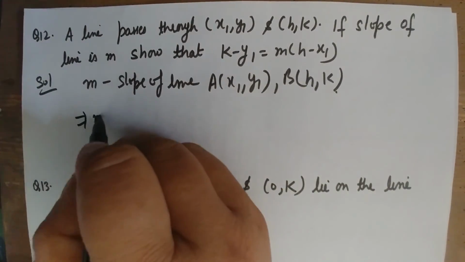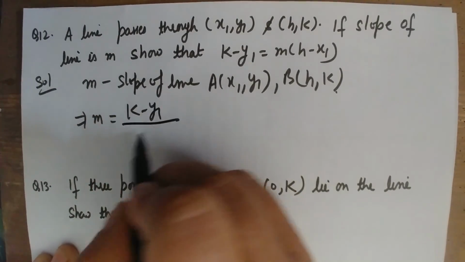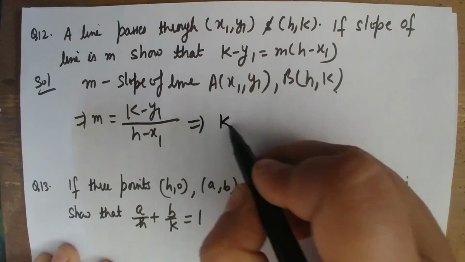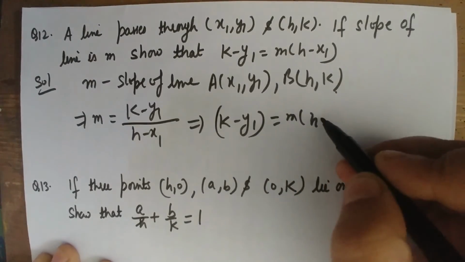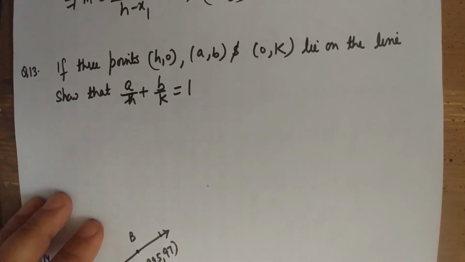So using the two-point form, m is equal to k minus y1 divided by h minus x1, and as we cross multiply, we get k minus y1 is equal to m times h minus x1. Okay, so this is a simple question.